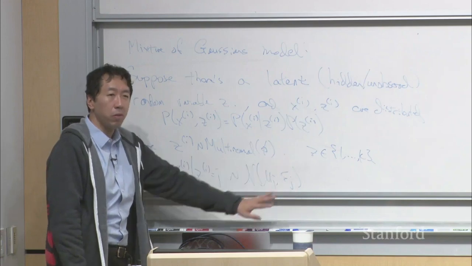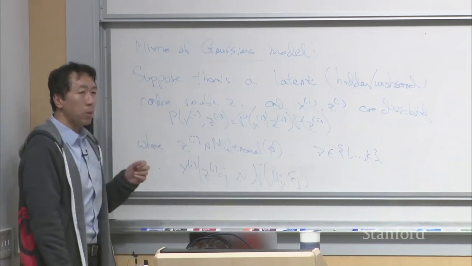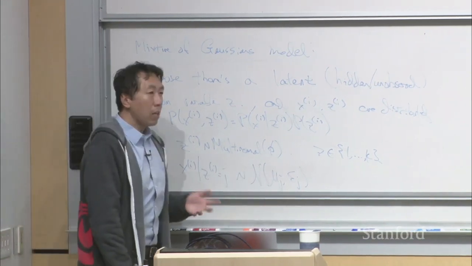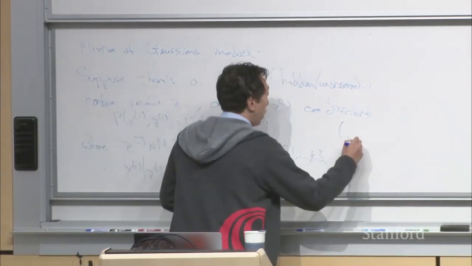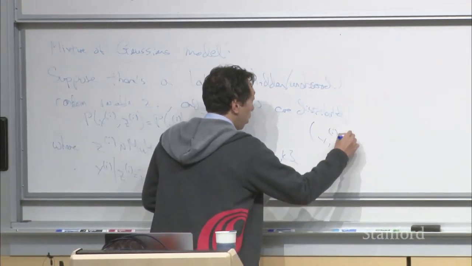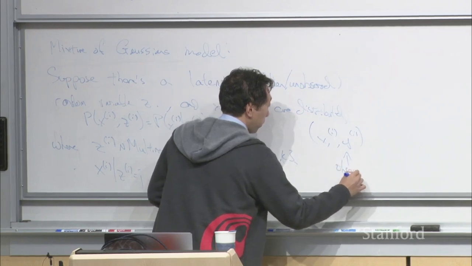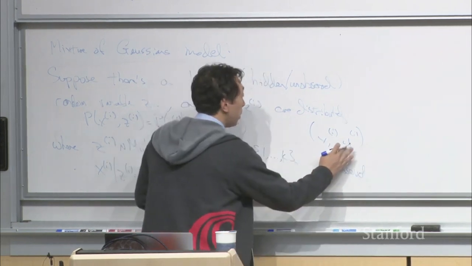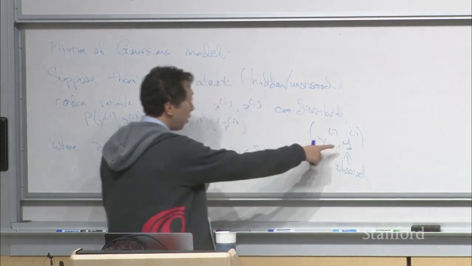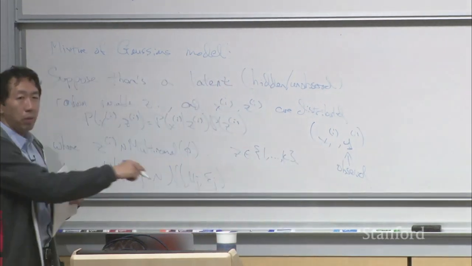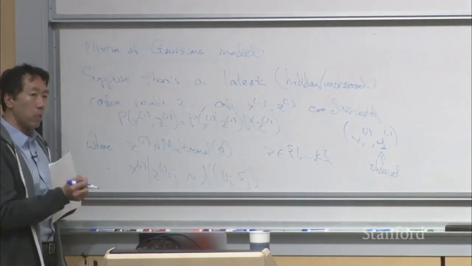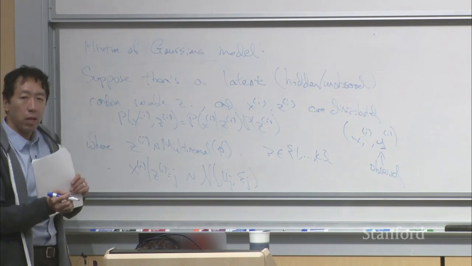But these are the trivial differences. The most significant difference is that in Gaussian discriminant analysis, we had labeled examples x_i, y_i, where y was observed. Now we have replaced that with this latent or hidden random variable z_i that you do not get to see in the training set. Okay?